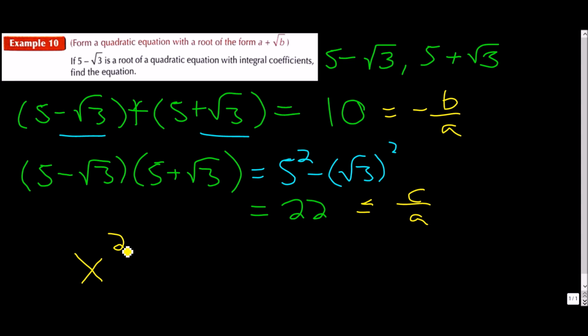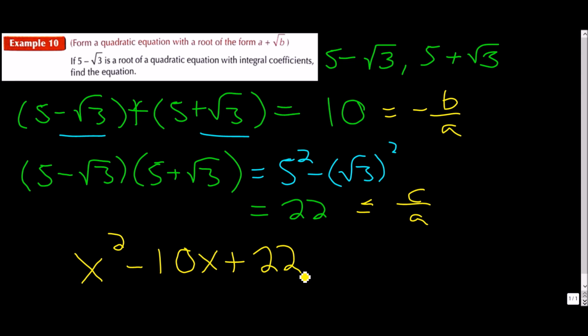The 10 represents the opposite of b over a, so the opposite of 10 is going to be negative 10. And then we also know c over a, if a is 1, this c is going to be represented by 22. So it's going to be plus 22.